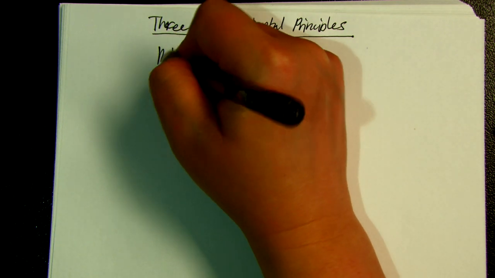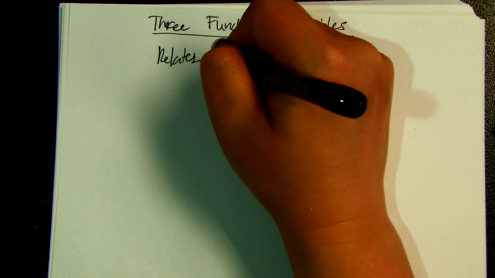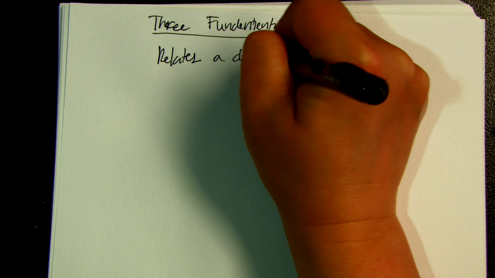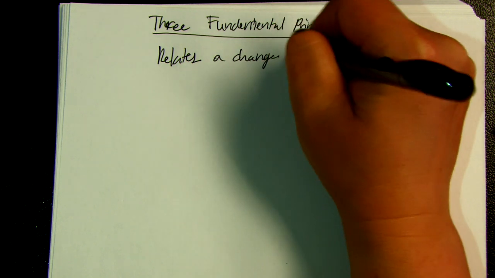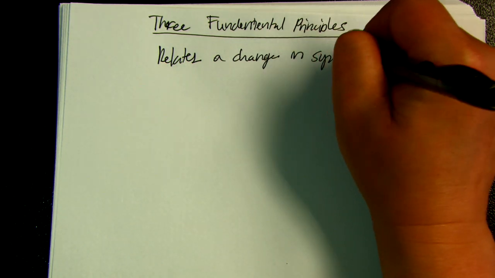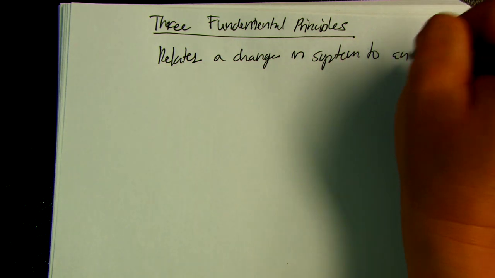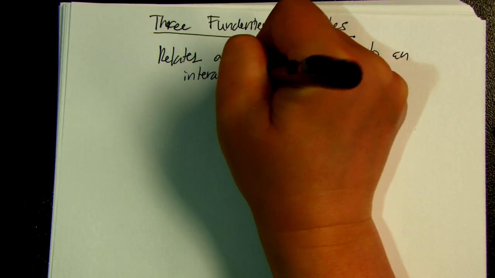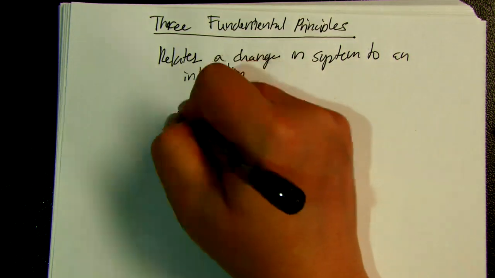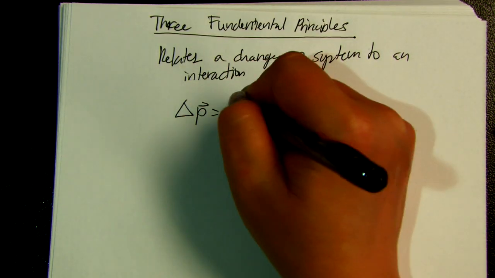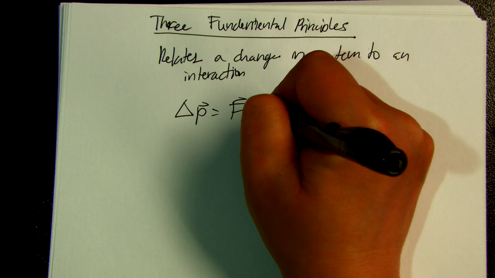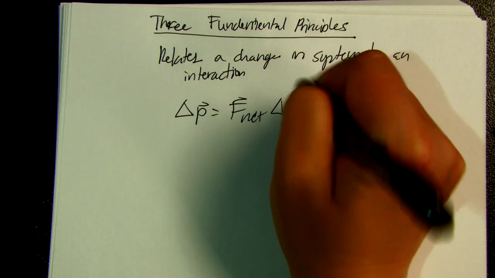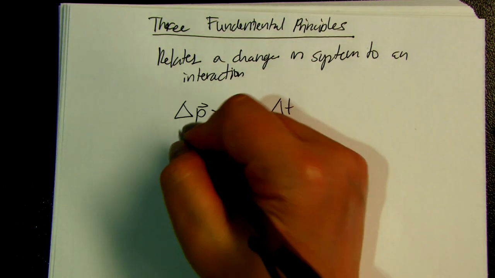All of them relate a change in a system to an interaction. So delta P is equal to F net delta t, that's the momentum principle.